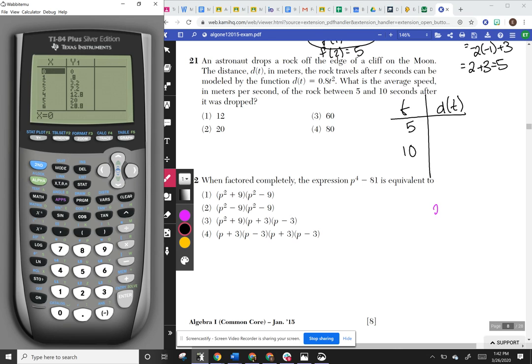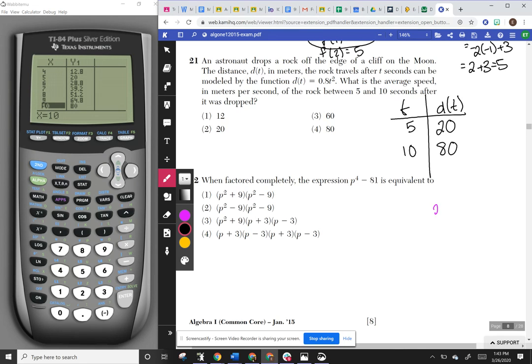So when t is 5, d of t is 20. And when t is 10, d of t is 80. So now we do 80 minus 20 over 10 minus 5. We get 60 over 5, which is 12.